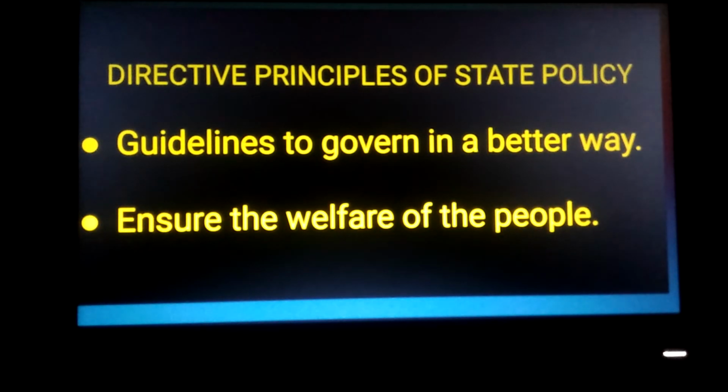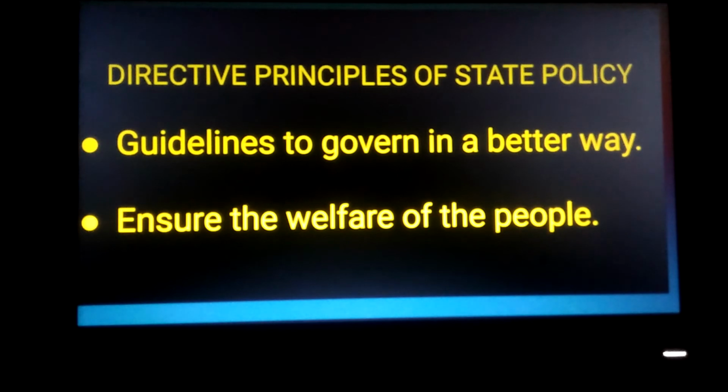Besides fundamental rights and duties, there are some directive principles of state policy that have been mentioned in the Constitution of India. How is it different from fundamental rights and duties?